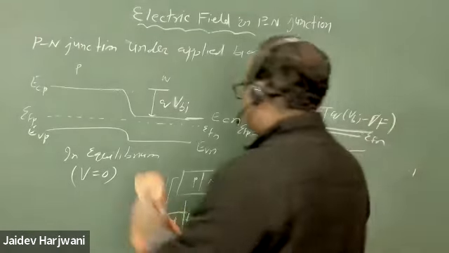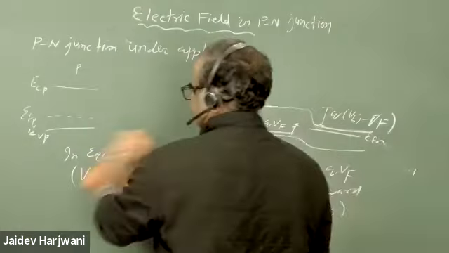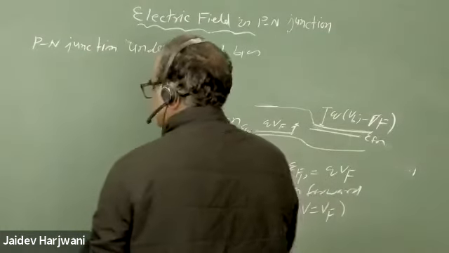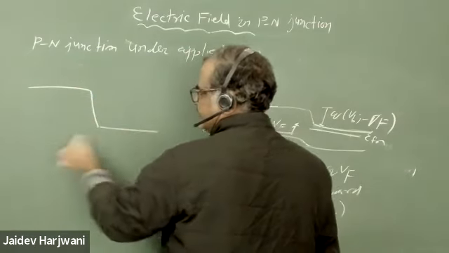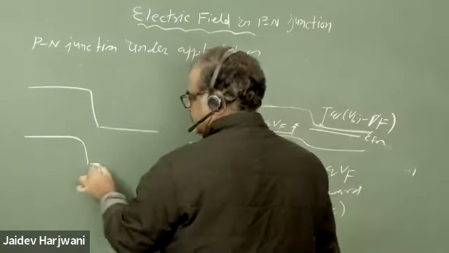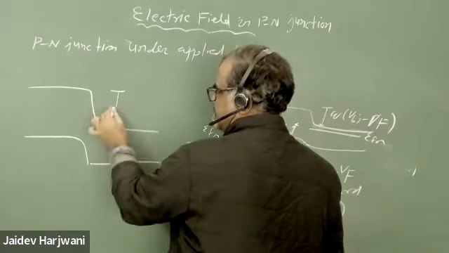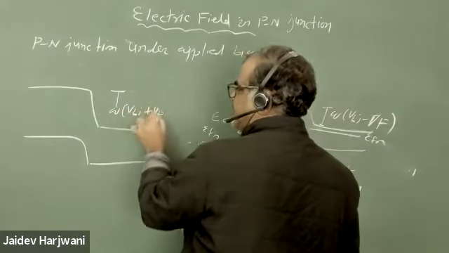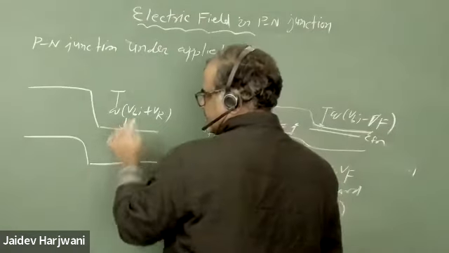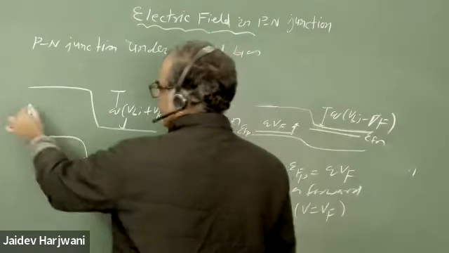Similarly, if you apply reverse bias now, what happens? So in reverse bias, now you're doing the opposite thing. Okay, now this width will increase. So in reverse bias, now VR will add here. Now this time you are doing the opposite with your Fermi level.